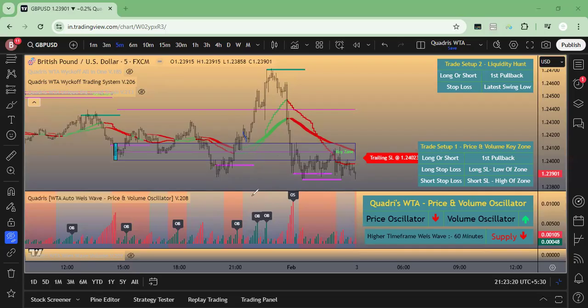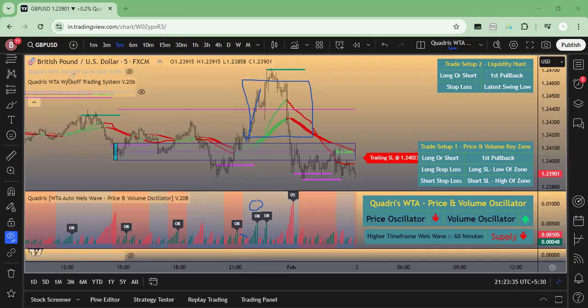Either way, this is the first pullback. The supply is getting decreased, and we got a 1 hour demand taking shape, and then we would have ridden this entire trend move.